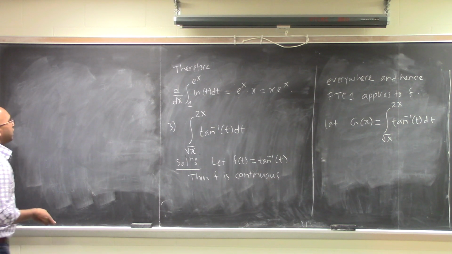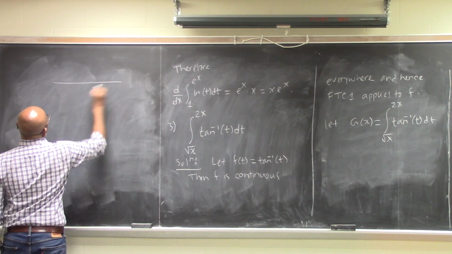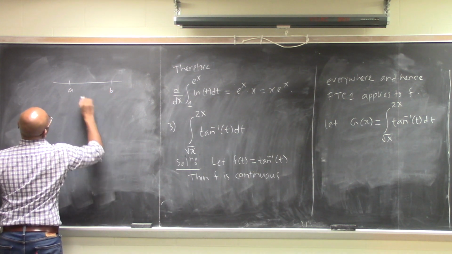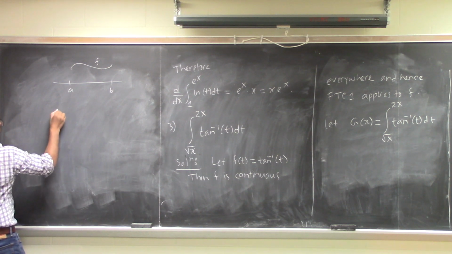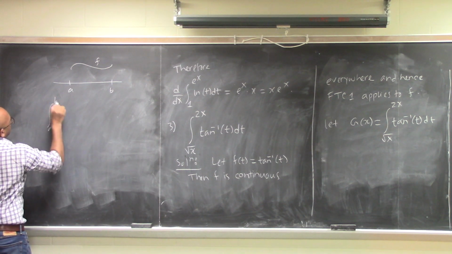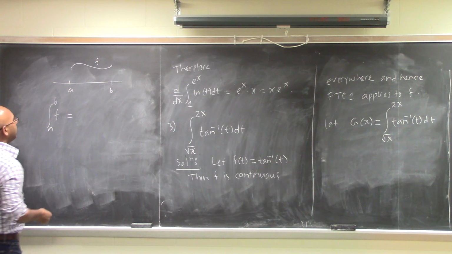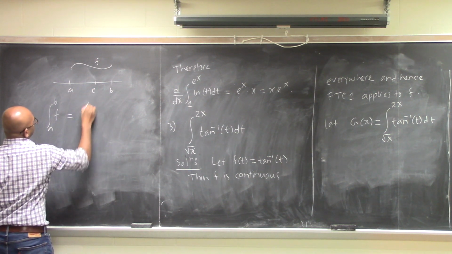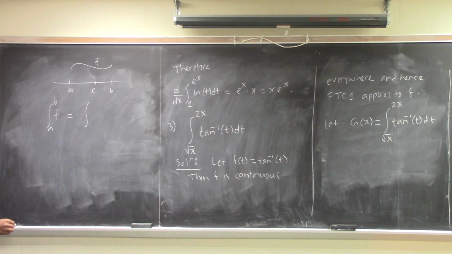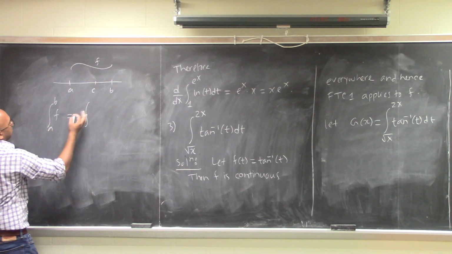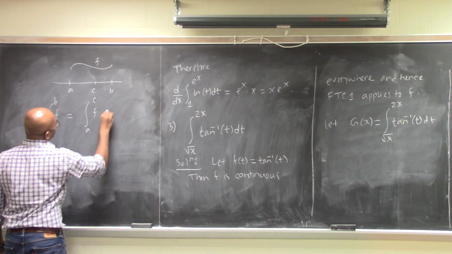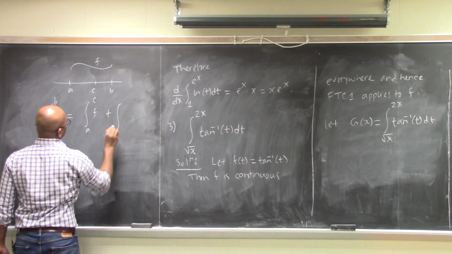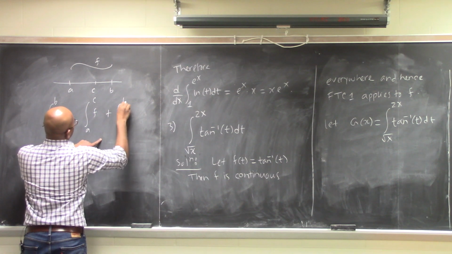Now this is a property of the definite integral. I actually mentioned this last time, but I'm doing this again. If you have an integration of a function from a to b, and if there is a number c in between, you can write this as the integration of f from a to c, and then this one from c to b.